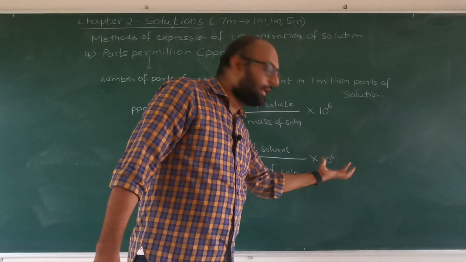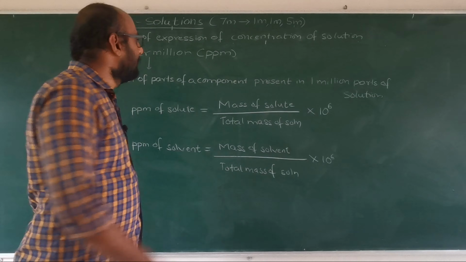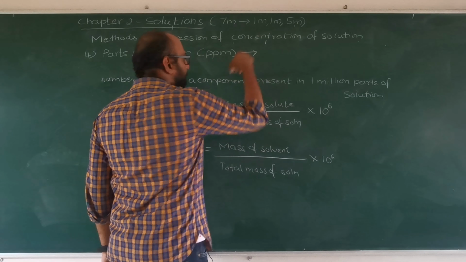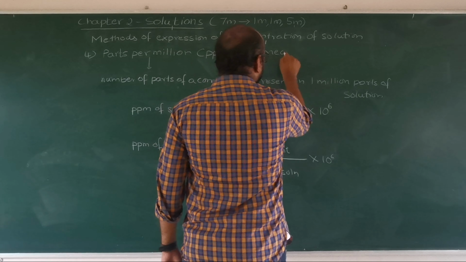Hence you have to multiply by 10 raised to 6, that is 10 lakhs or 1 million. So this is parts per million. Okay, ppm. It is the method to express the concentration of the solution. Generally, the parts per million, it is used to measure air pollution.